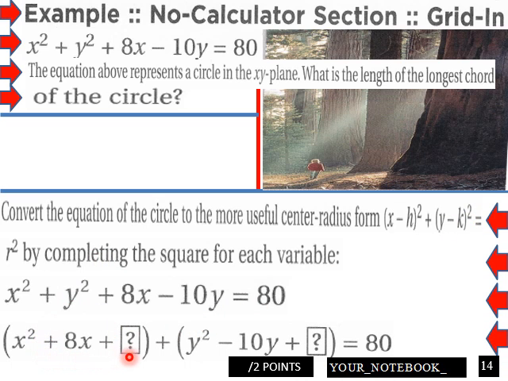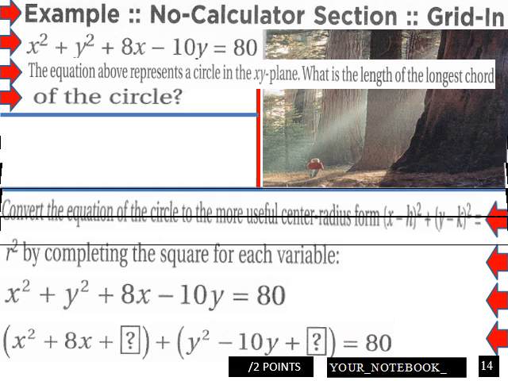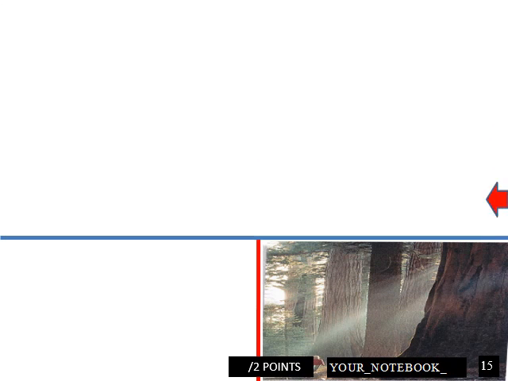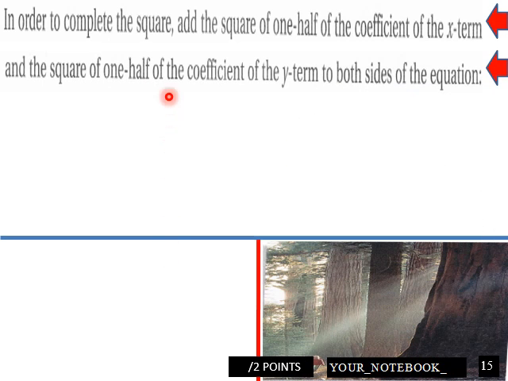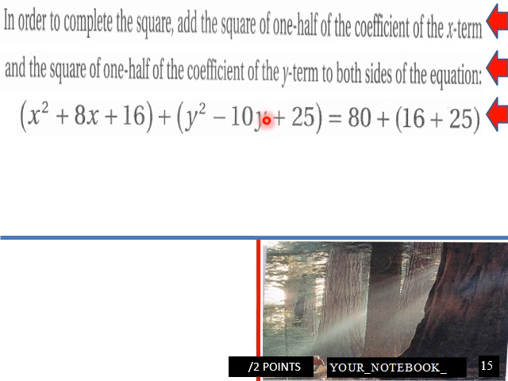So we have x squared plus 8x plus blank, y squared minus 10y plus blank equals 8. In order to complete the square, add the square of 1/2 the coefficient of the x term and 1/2 the coefficient of the y term to both sides of the equation. So we do that here.